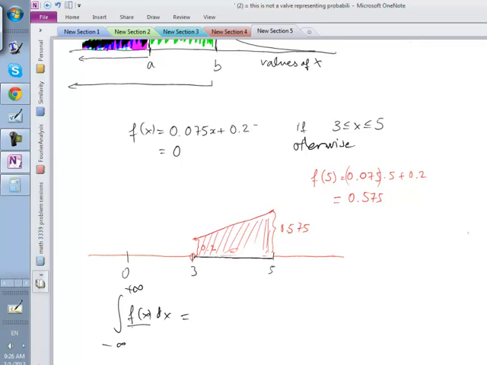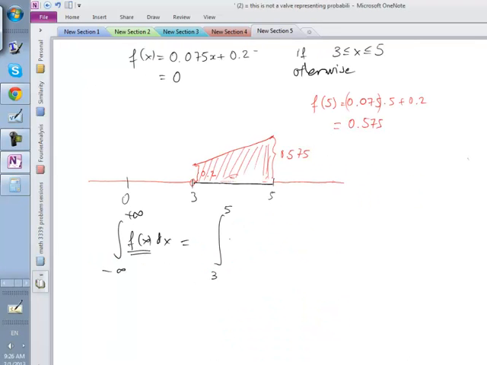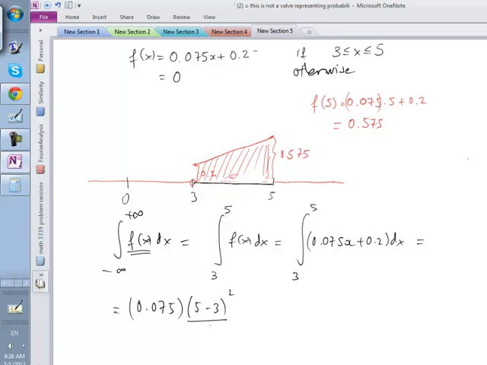Now this density function is 0 outside of 3 to 5, so this integral collapses to the integral from 3 to 5 of f of x dx, and between 3 and 5 this function is linear, so you have to integrate 0.075 times x plus 0.2 dx from 3 to 5, and this is going to be 0.075 times (5 squared minus 3 squared) over 2.